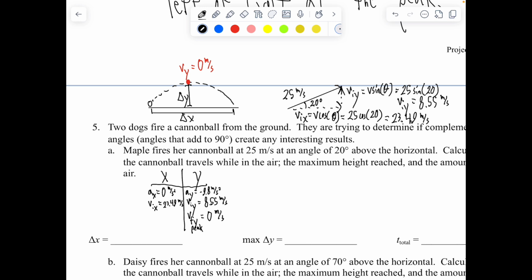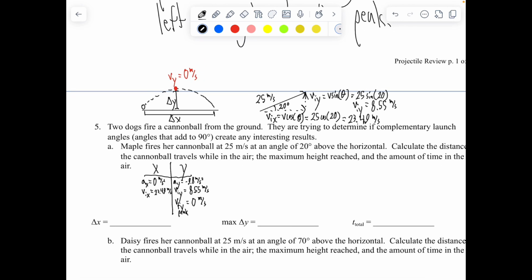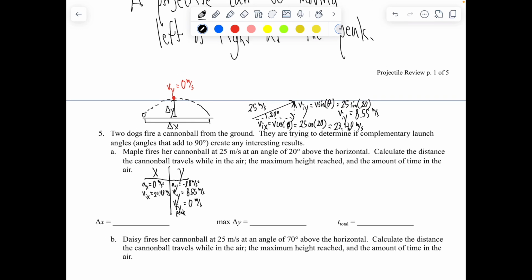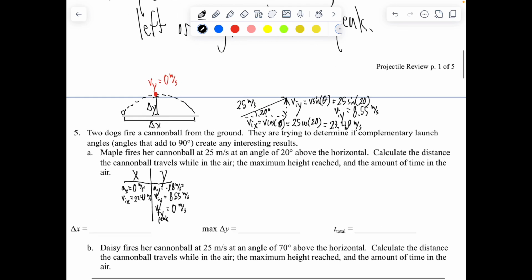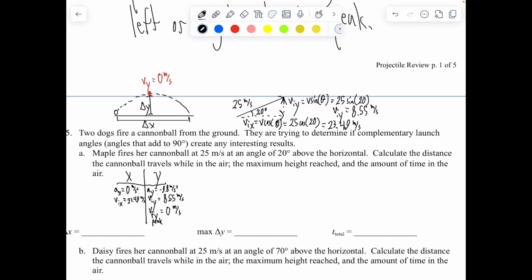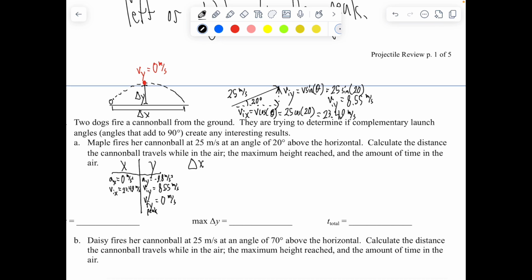Now we have three variables. We can solve for the time it takes to reach the peak. We can also solve for that delta y, and really we have options. We can go through and we can solve it in whatever order we want. Let's write out our equations using our x variables. So for the horizontal direction, that horizontal displacement is equal to the initial horizontal velocity multiplied by the time plus our 1/2, the acceleration in the x, times our time squared.